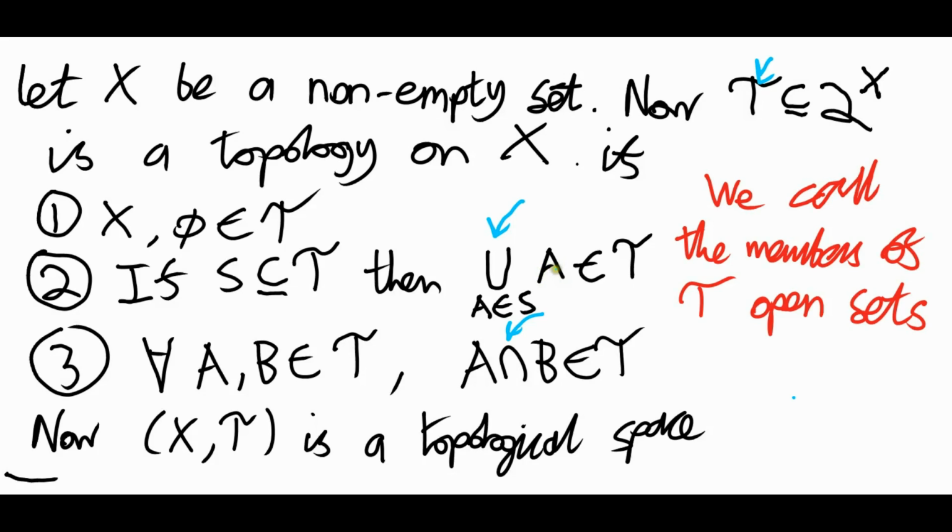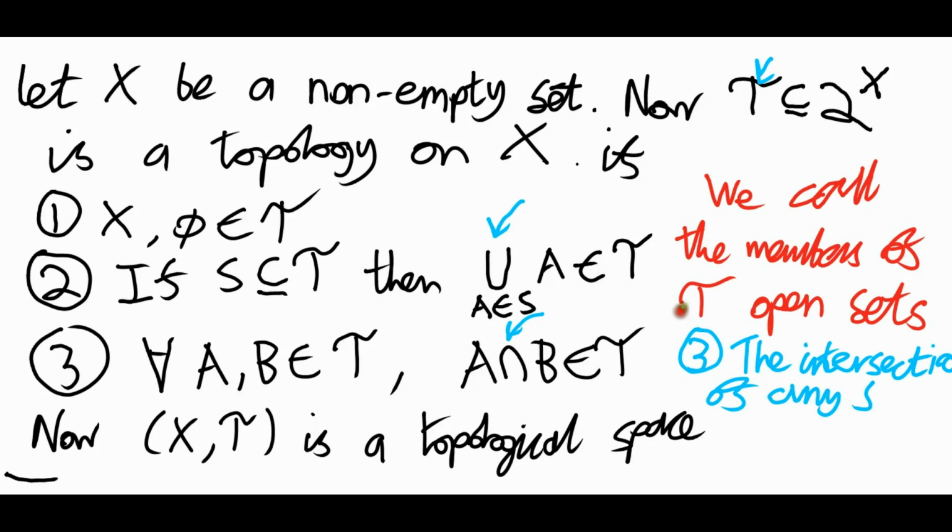We can also express point 3 like this: the intersection of any finite subset of tau belongs to tau.